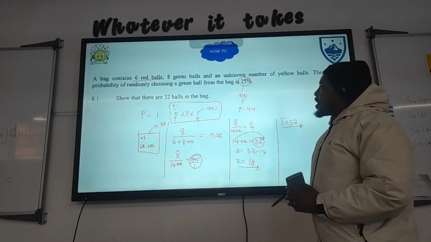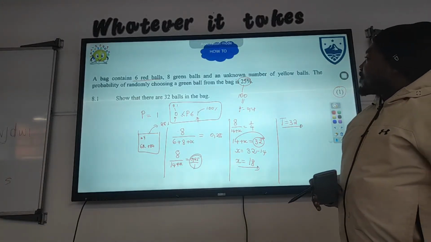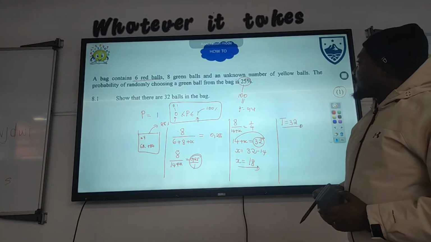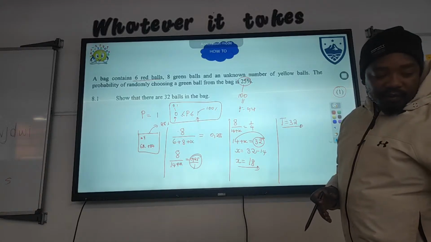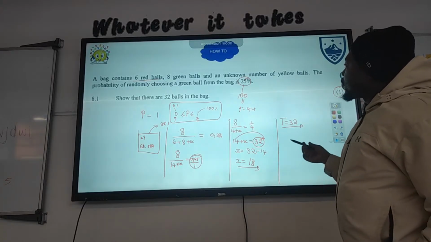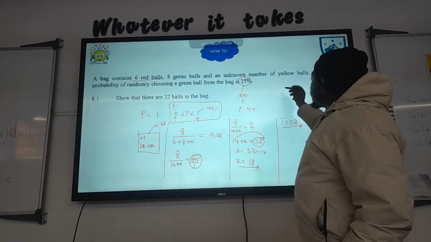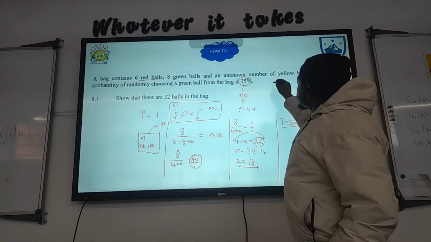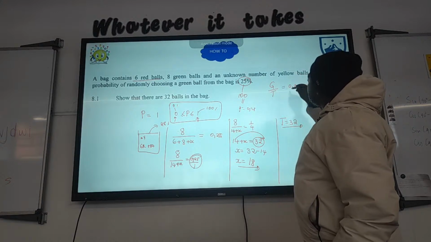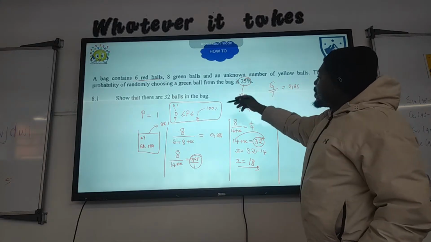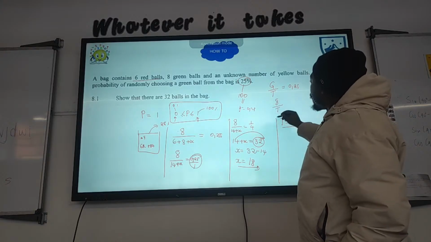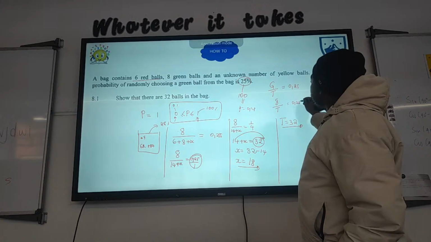So yes, we have 25% of getting those green balls. Then we can easily show that we are actually having 32 balls in a bag. Somebody can also say, because the total number is at the bottom, green balls divided by the total number must give me 0.25, and I have green balls already, which is just 8 over the total number, which we don't know, equals 0.25.